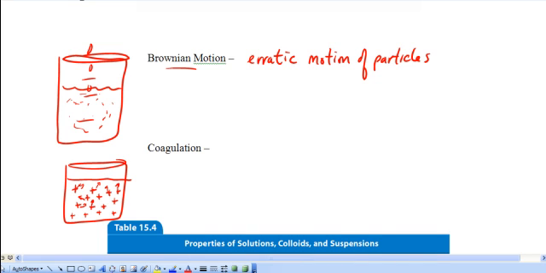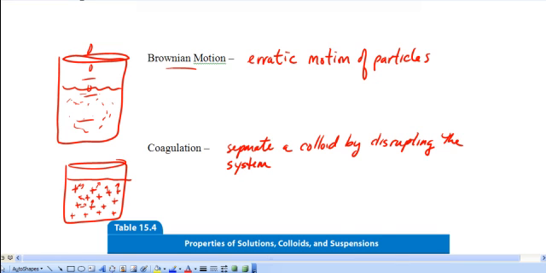Now, if you want a colloid to actually settle out, you have to disrupt this system, and so you can settle or separate a colloid by disrupting the system by adding particles of opposite charge.